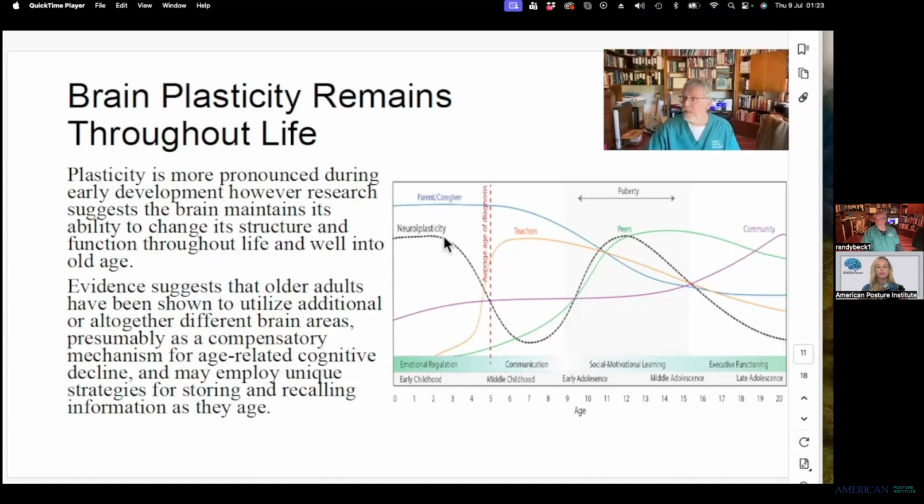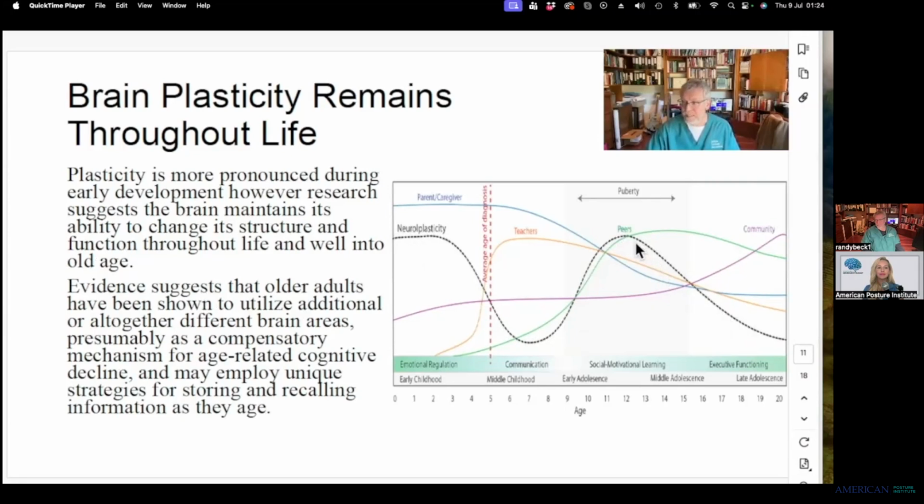If we look at neuroplasticity as this black line here, it's high all through childhood, then starts to drop into middle childhood. Then in early adolescence there's another rise, and in middle adolescence it starts to taper off, but it does continue even into older age.